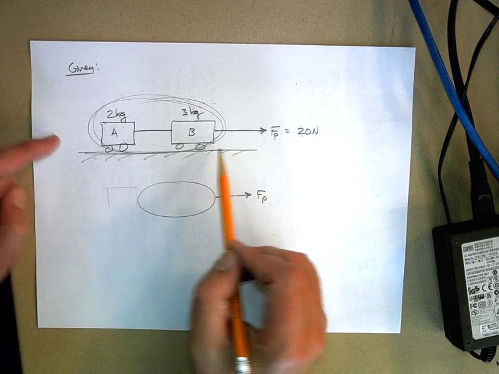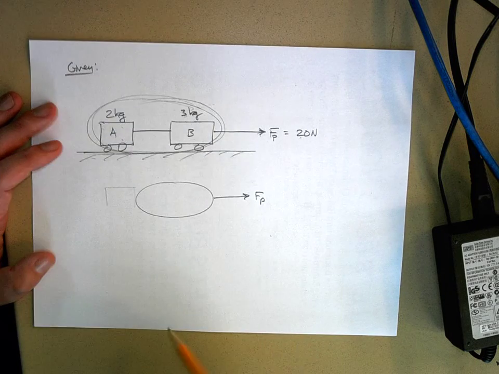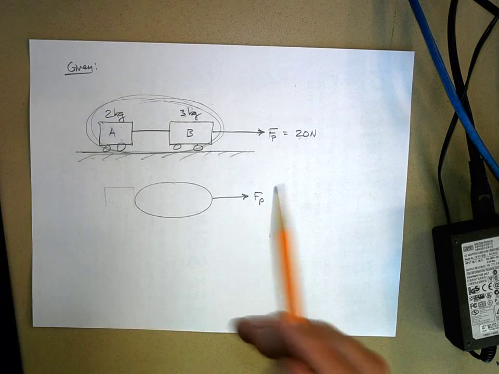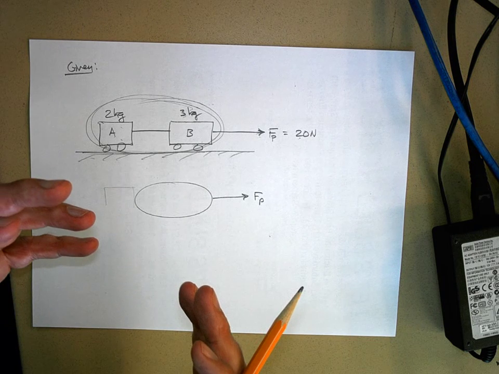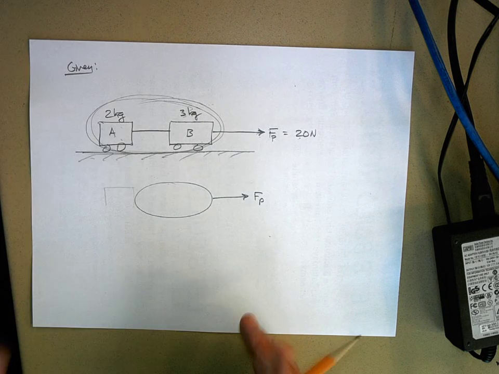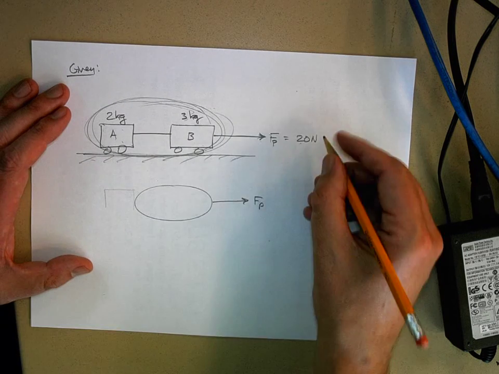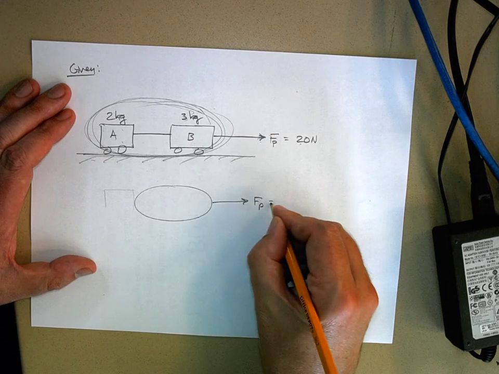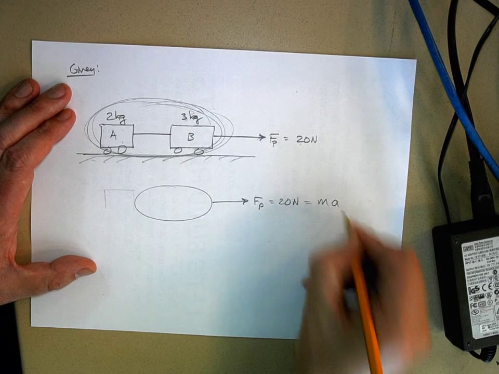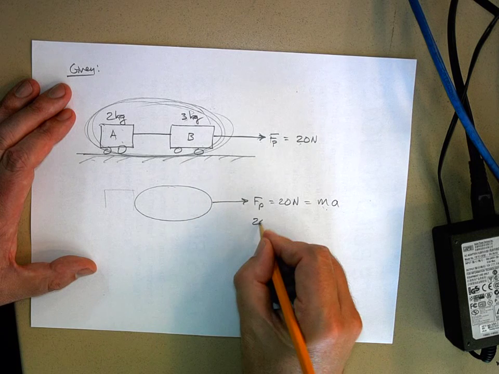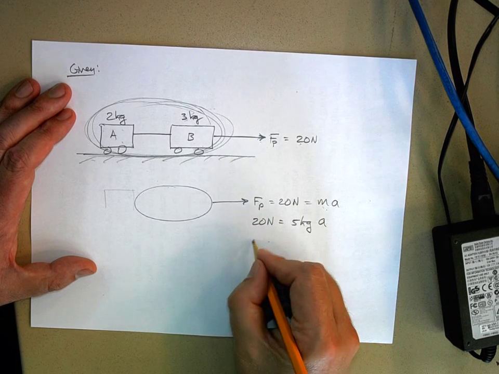No. As far as this force is concerned, these two objects are one object. You follow? It's one object. And what mass does this one object have? 5 kilograms. And this is 20 newtons, this is now the net force equals ma. But what is the mass? 5 kilograms times acceleration. So at what rate is this object going to accelerate?